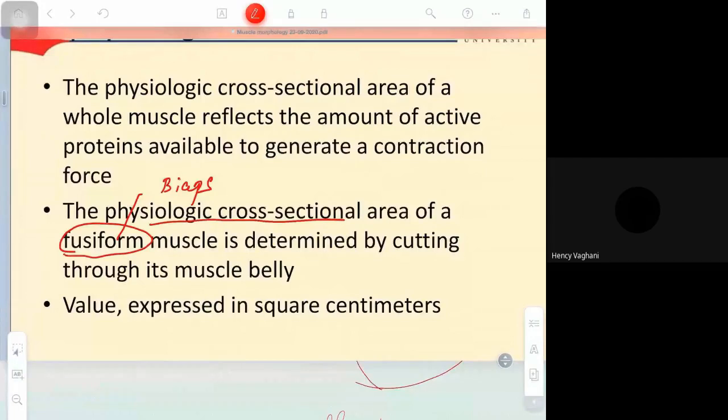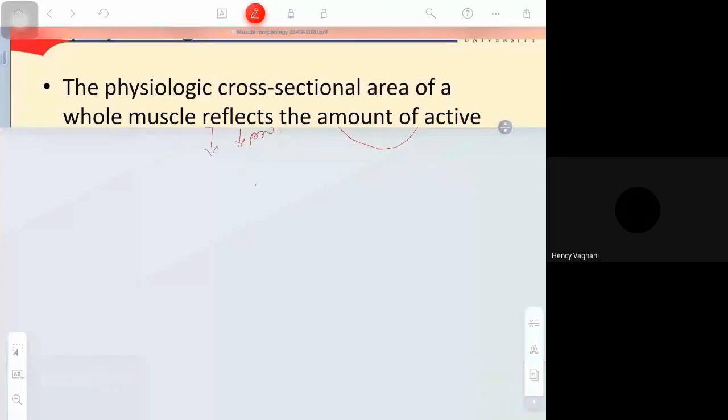Because you know the muscle, if you take this as a biceps muscle and this is the tendon. Clear? If you cut the muscle at this level, the cross-sectional area will be this much.